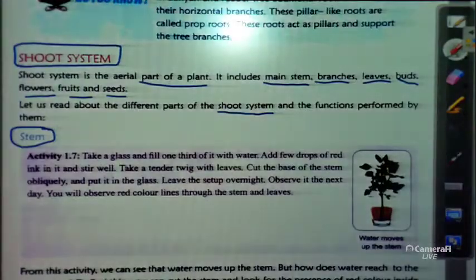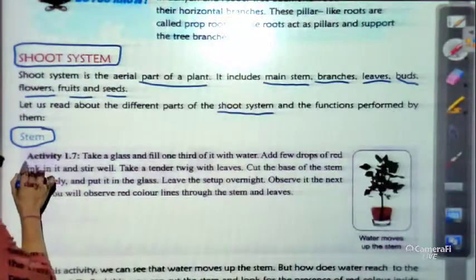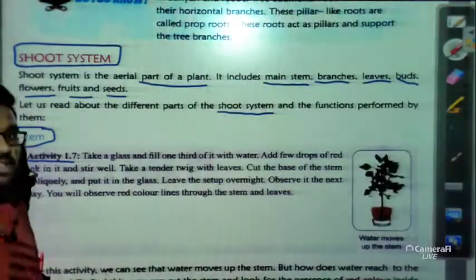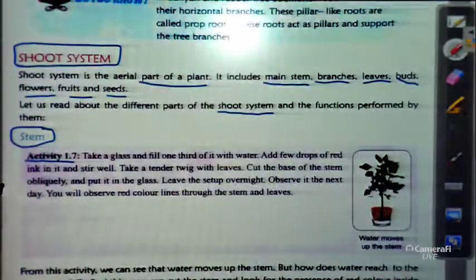Now to discuss the stem, here is an activity, which we call activity 1.7. What does this activity tell us, students?